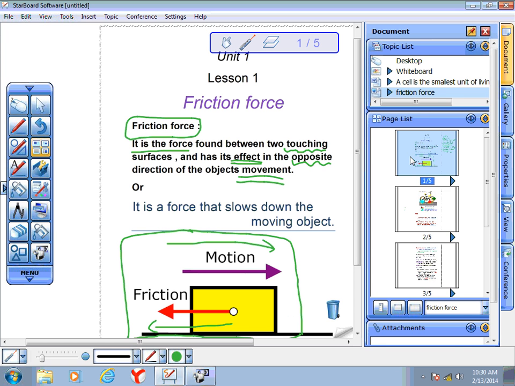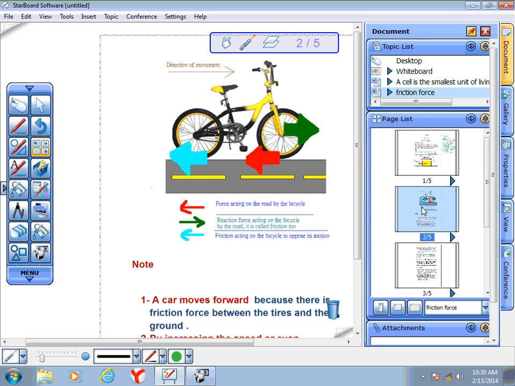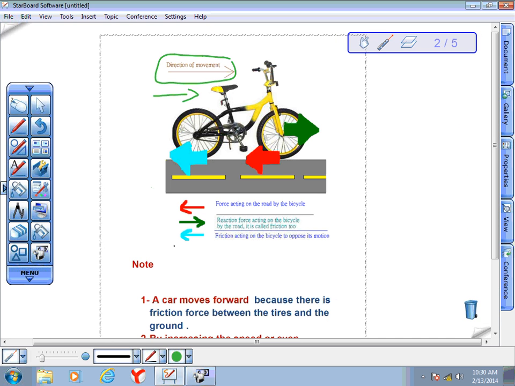It is the force that slows down the moving of objects. Now we can look at this figure again to understand the meaning of friction force. We found the direction of movement forward and the direction of friction backward.